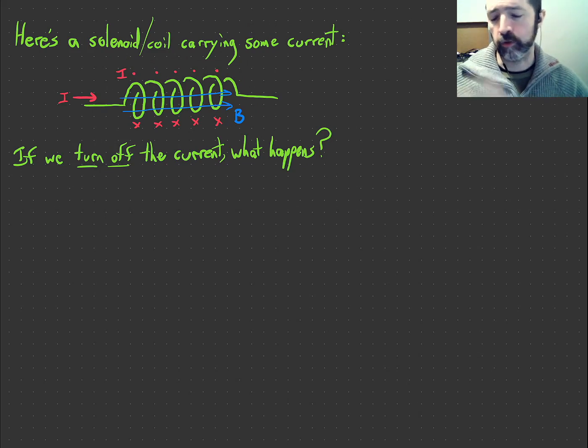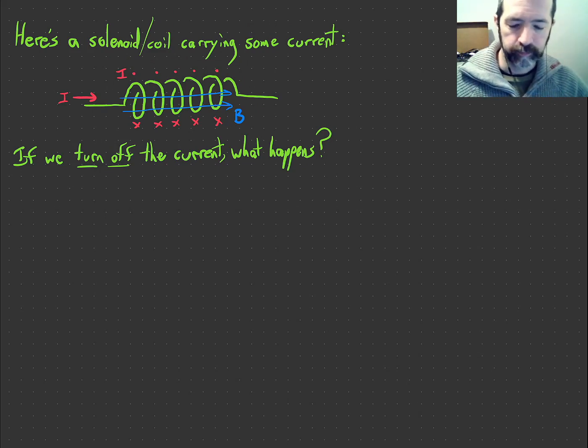So let's just assume that this has been on, with steady current flowing, for a very long time. If I then turn off the current, like I hit a power switch or I disconnect the battery or whatever, I want to go through a little bit of logic about what's going to happen here in the solenoid.